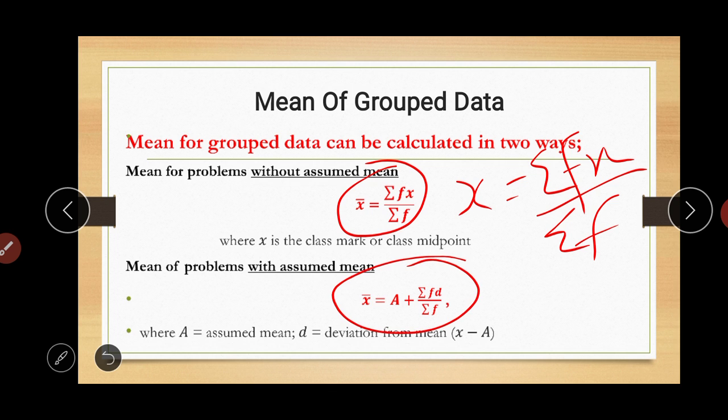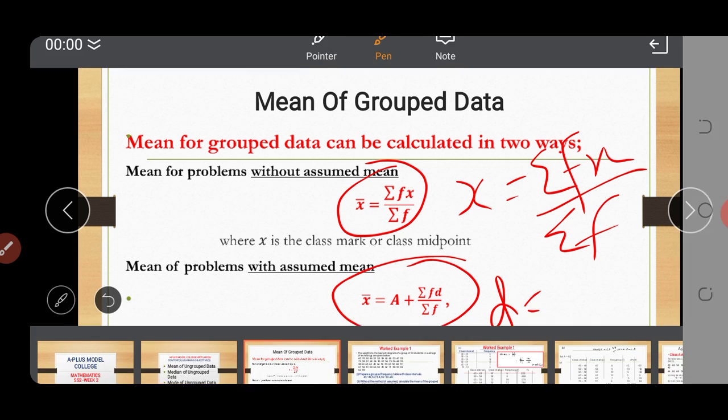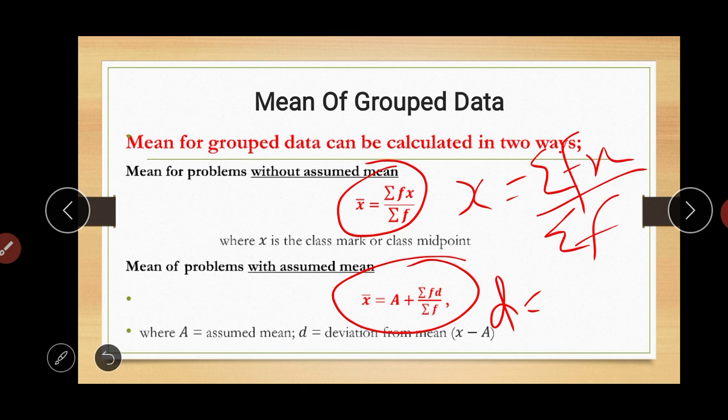In most cases, they can tell you to assume the mean to be something, and the mean is calculated as the assumed mean A plus summation of fd over summation of f. Don't forget, d is called the deviation, and it is x minus the assumed mean. We shall talk about that later.